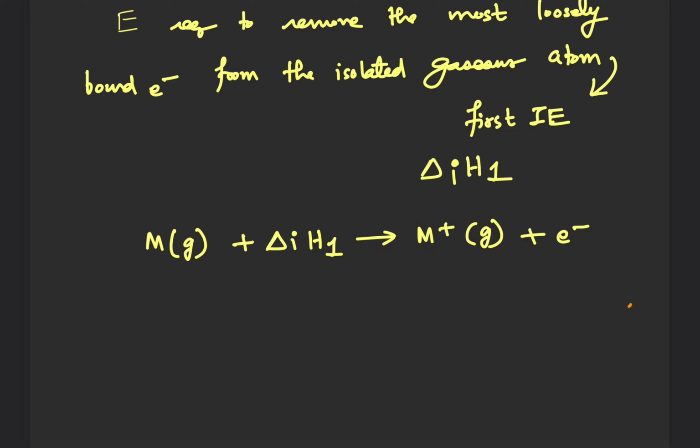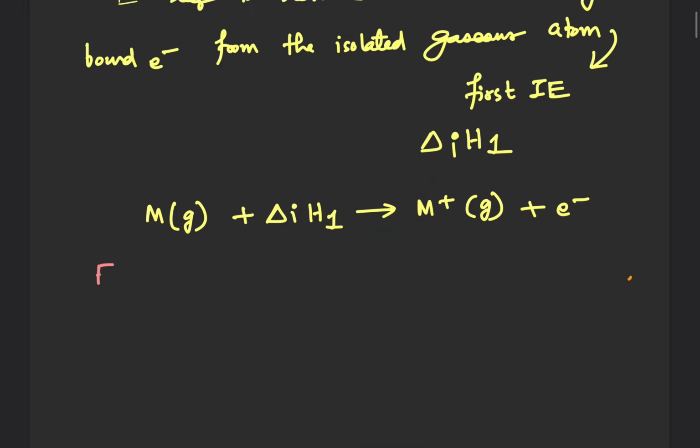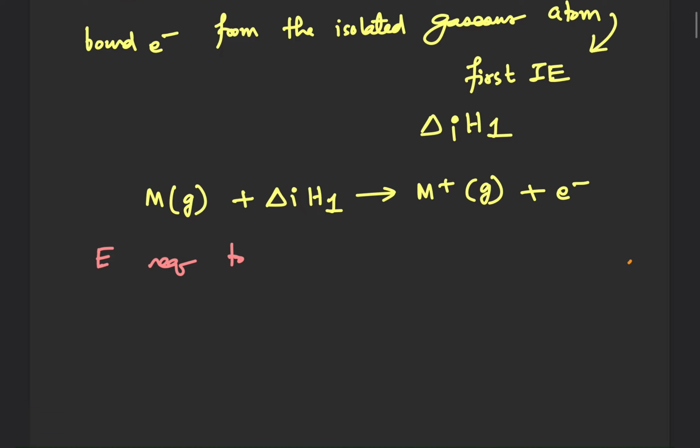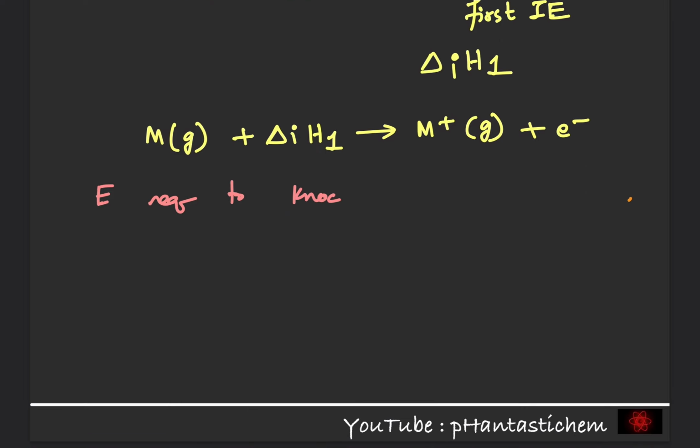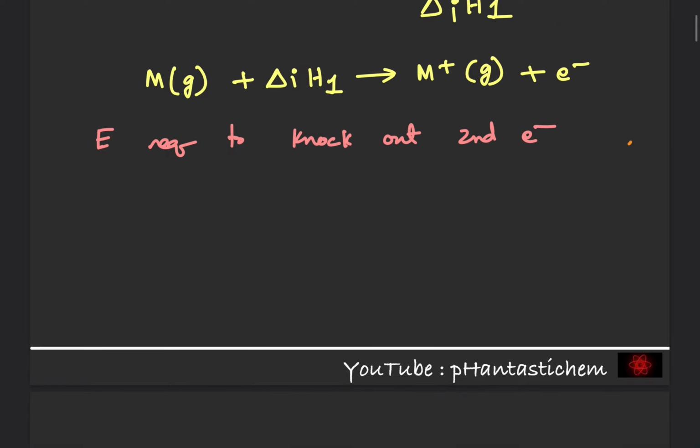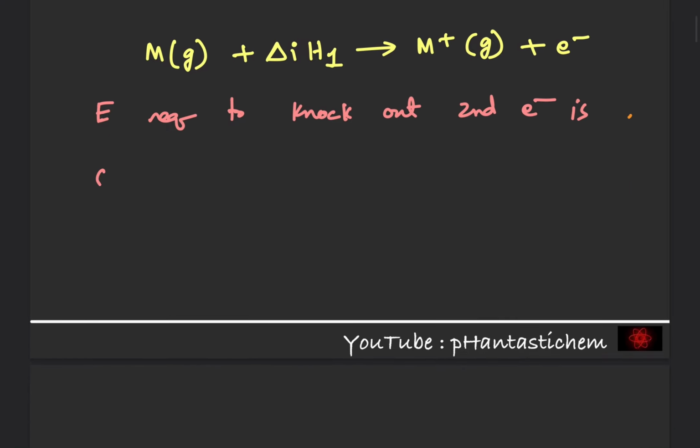Okay, similarly, energy required to knock out the second electron is called the second ionization energy or enthalpy, and it is denoted by ΔiH2.